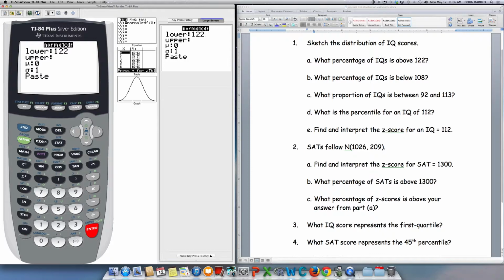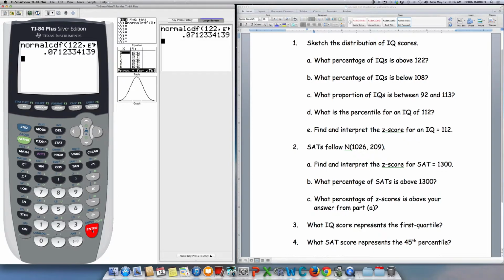Our upper bound will be E99, which is the symbol we use for infinity. Our mean is 100. And our standard deviation is 15. Paste it. Hit enter. And our answer is 7.1%.